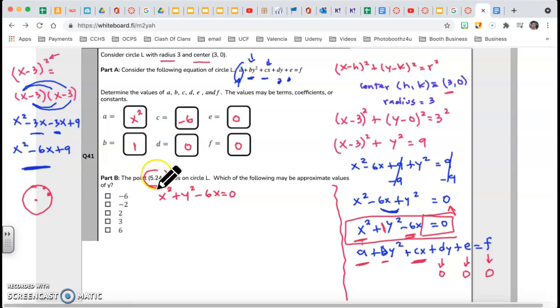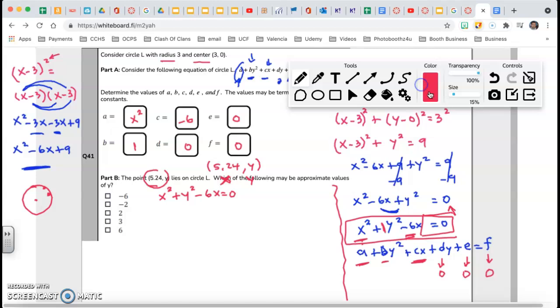So they're giving me a point, 5.24, comma y. In every single point, the first value is the x value. The second value is the y value. So I know 5.24 is the x. So what I can do is plug that value here instead of the x, and the only variable that I will have in there will be the y.